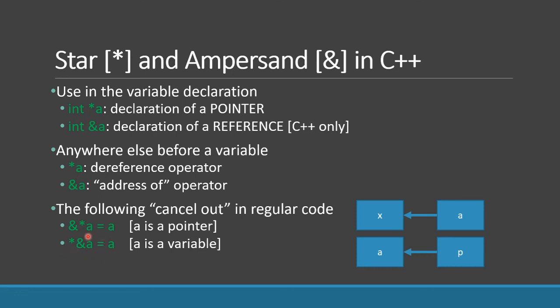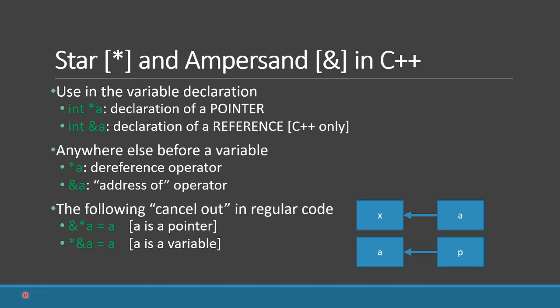And if A is a pointer and you dereference it and then you get the address back, then you get A back. And you can sort of look at the diagrams here. So if A was pointing to X, we dereference to get there, and then we just grab the address of this, so we get back to A. And likewise in here as well.